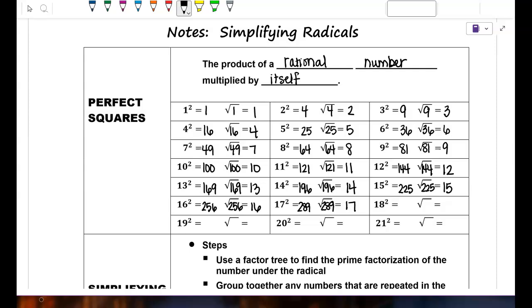Michael, 18 squared. 324, and the square root of 324 is 18. Matthew, 19 squared. And the square root of 361, 19. Devin, 20 squared. And the square root of 400.